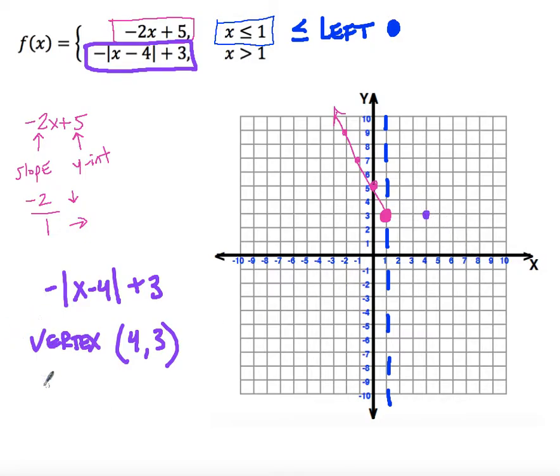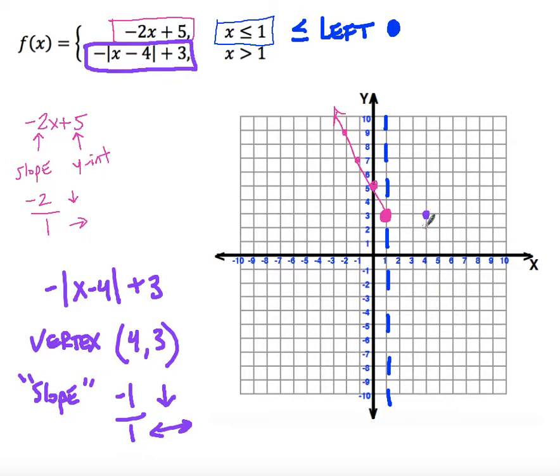And then the slope is the number out in front, which is a negative sign, so that would be a -1. And I can put that over 1. The top number tells me up or down, since it's negative, we're going to be going down. And then the bottom number is how far I'm going over. Now remember, with a V shape, I have to go over to the right and over to the left.